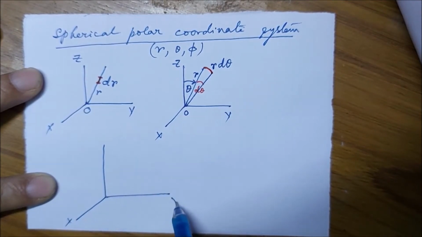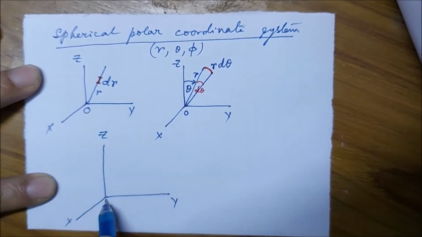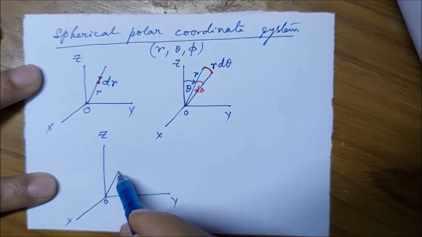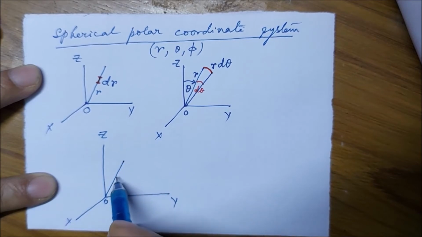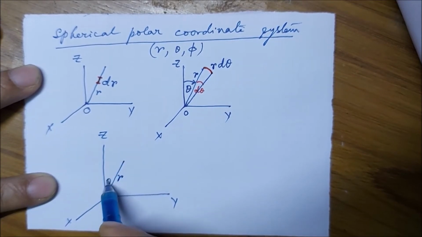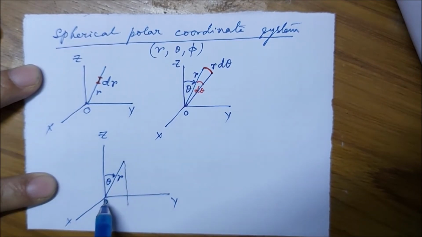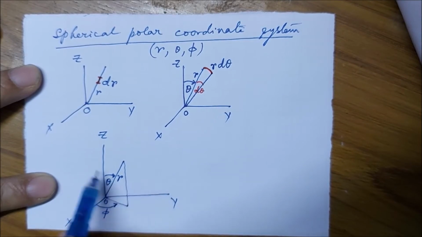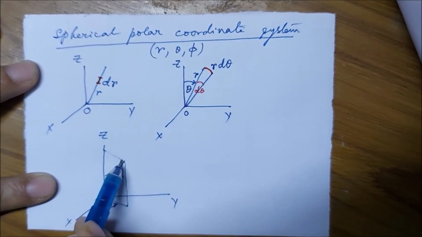So this is x, this is y and this is z. This is the origin. This is r. This is theta, the polar angle. This is the polar axis. Let us drop a projection. Let us join it. So this is phi, measured from the x-axis in the anticlockwise sense.